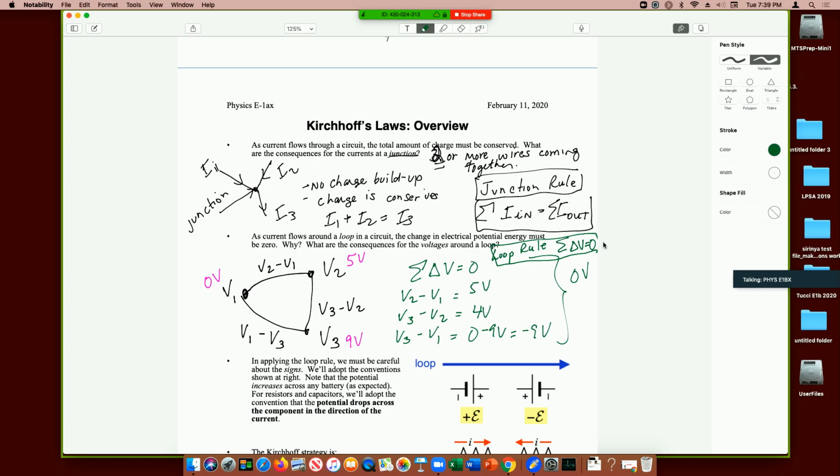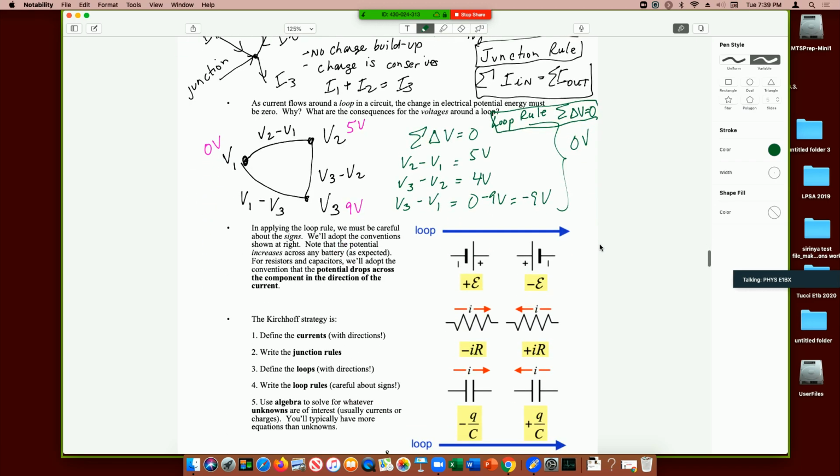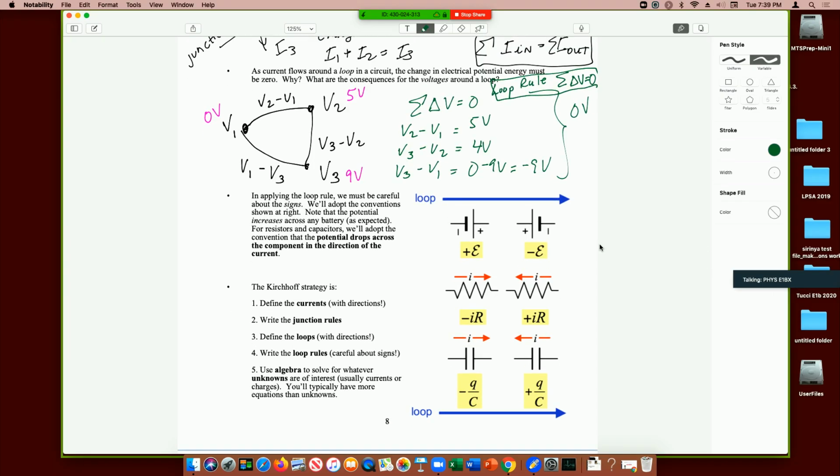In applying the loop rule, you have to be really careful with signs. The only way to screw this up is to make a mistake with the signs. The bottom part of the page describes what the conventions are, and these are just arbitrary conventions that we've all decided to use.